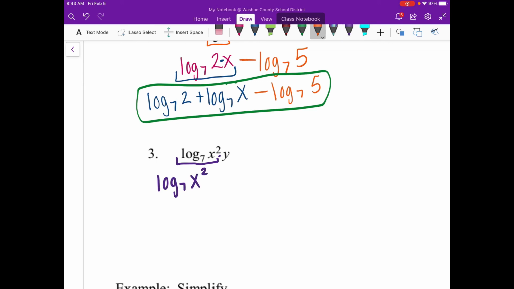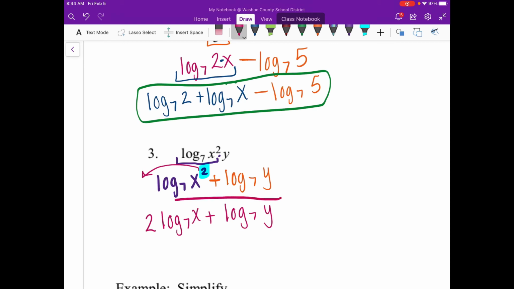And because these are being multiplied, I know I'm going to add log base 7 of y. If we can simplify that exponent, we don't have any exponent in the log terms unless we are condensing. So I'm going to bring that one down. Remember, that's a property. So I can say 2 log base 7 of x plus log base 7 of y.